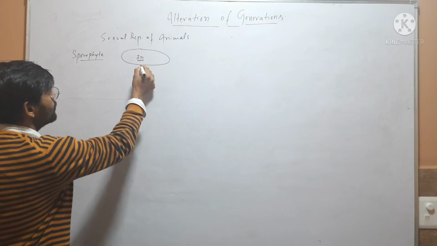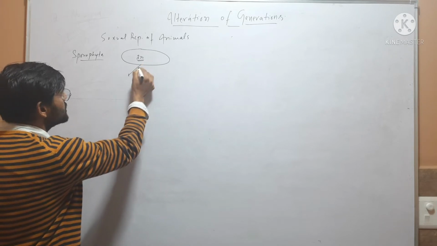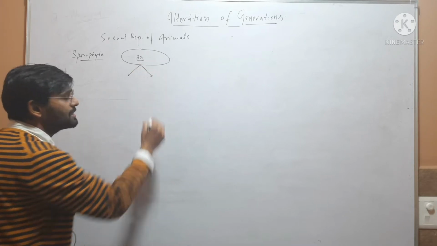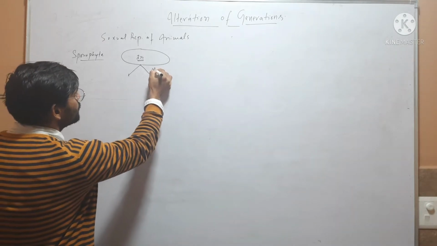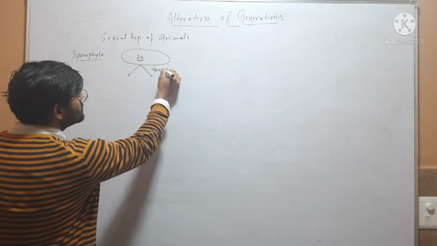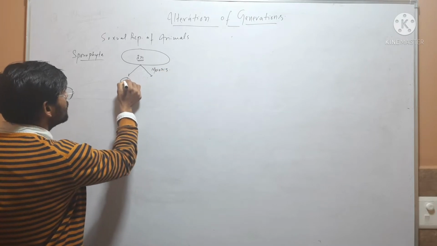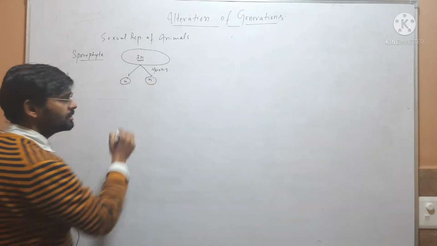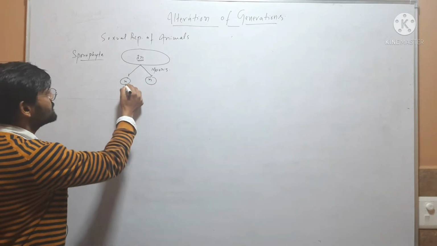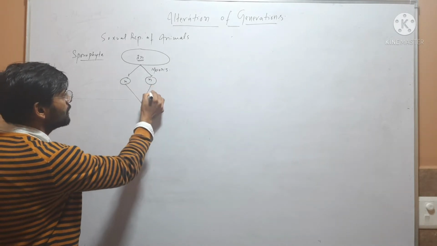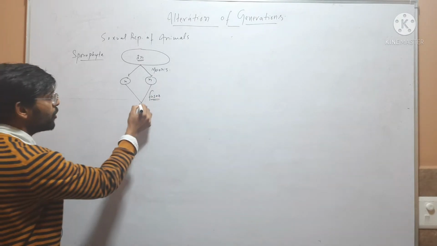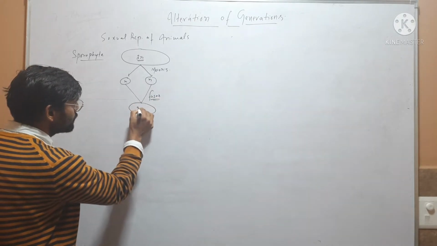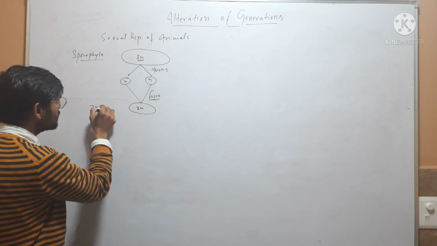After attaining sexual maturity, this 2n body produces gametes by meiosis, and haploid gametes are produced. These gametes then fuse to form a 2n zygote.